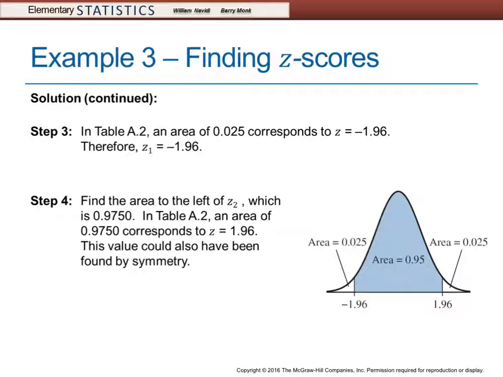We find that the z value for 0.025 is equal to negative 1.96. And because of the symmetry of the normal curve, the z2 value is going to be the positive 1.96.